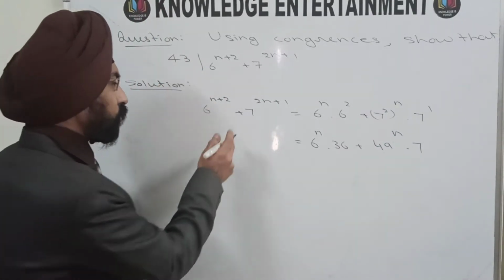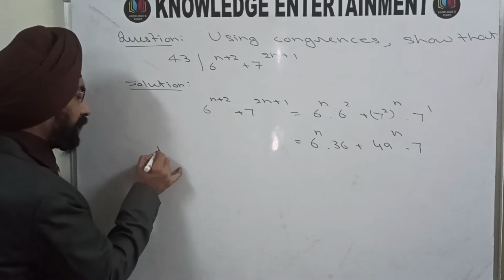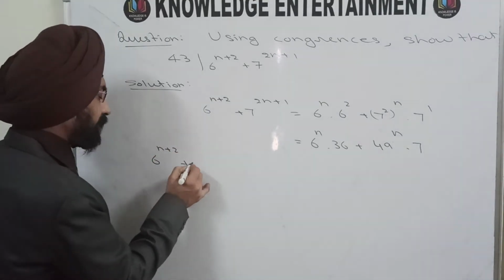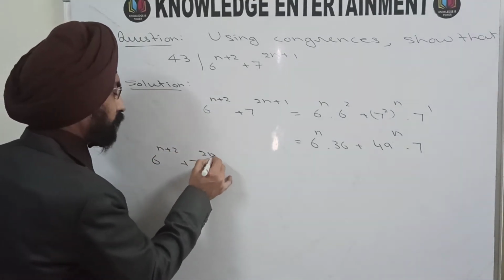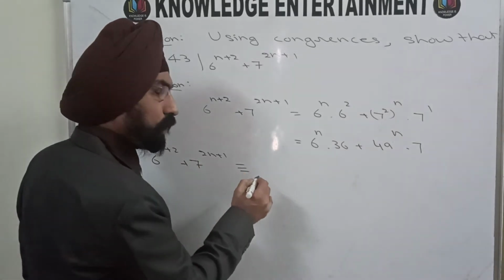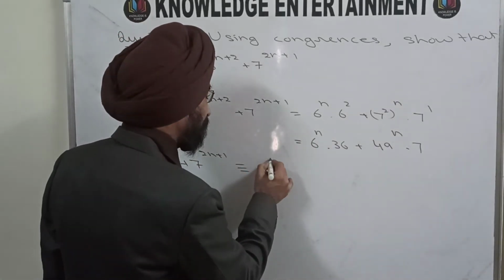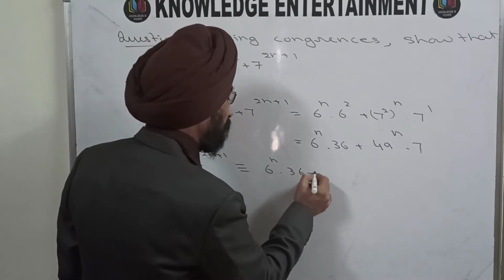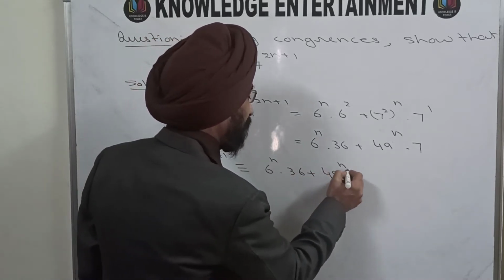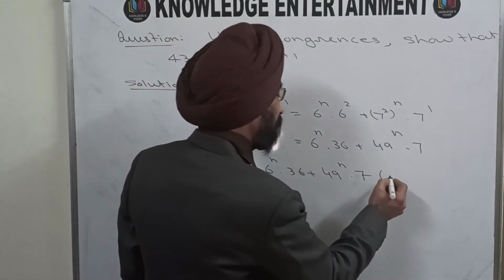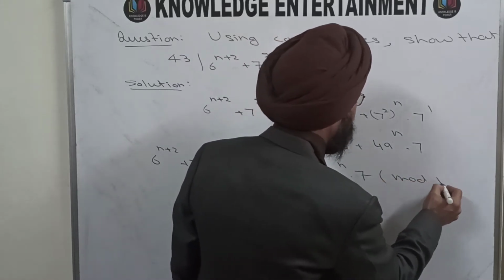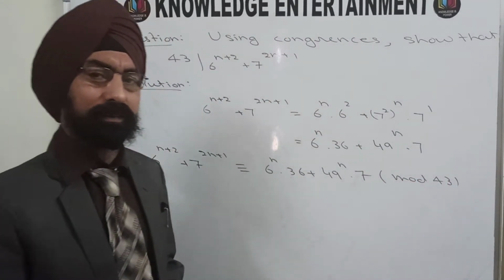So this 6 raised to the power n plus 2 plus 7 raised to the power 2n plus 1 is congruent to this quantity 6 power n into 36 plus 49 power n into 7, modulo 43, because I need modulo 43.